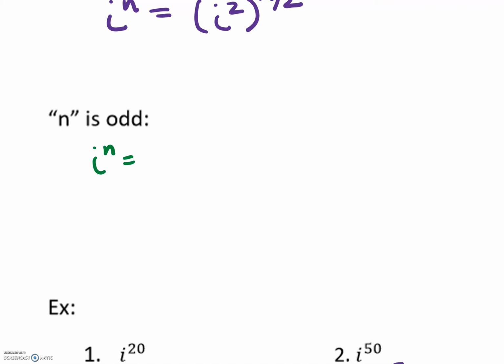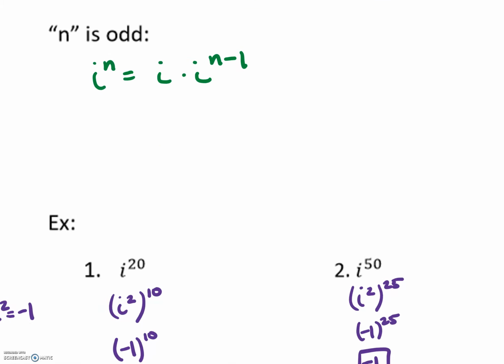Well, what I can do is pull out an i. If I pull out an i, I'm going to be left with i raised to the n minus 1. The reason we're going to do that is because we want an even exponent so we can use our previous rule that we just made.